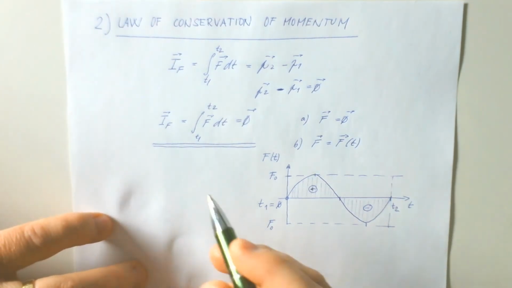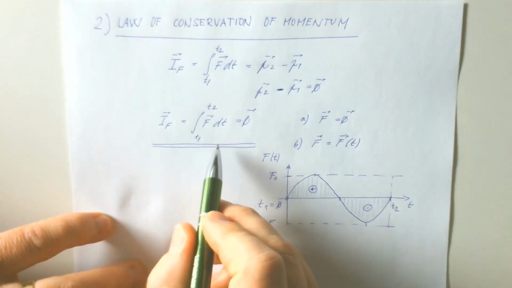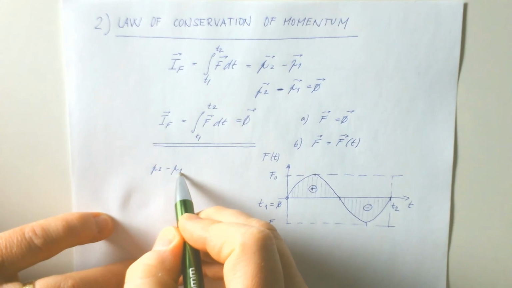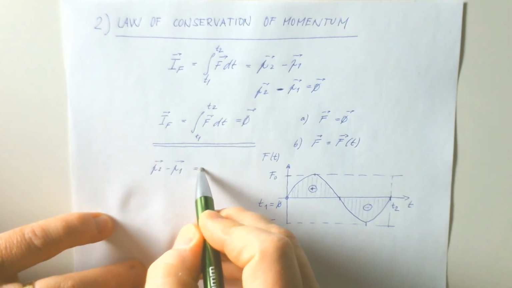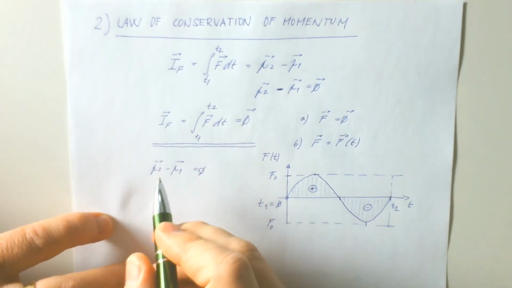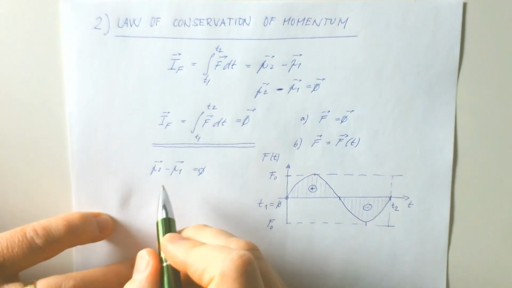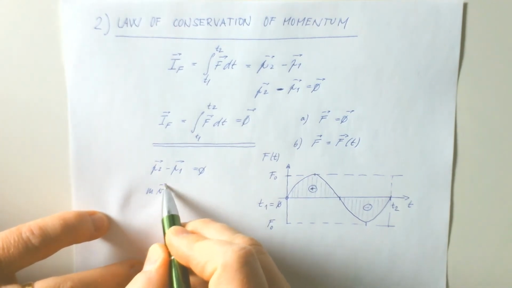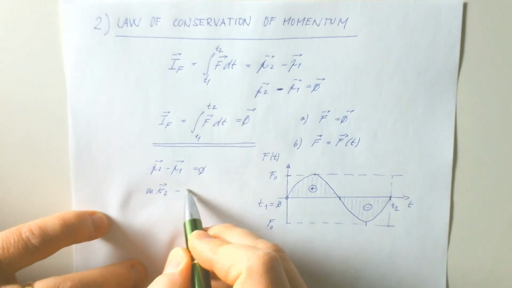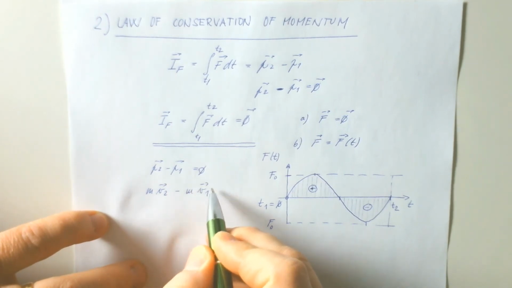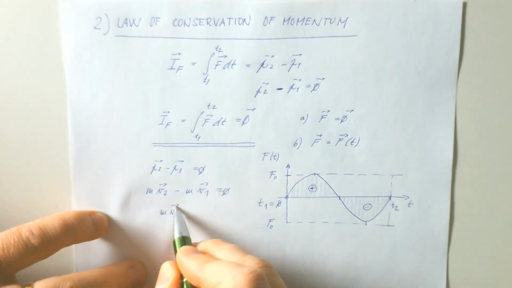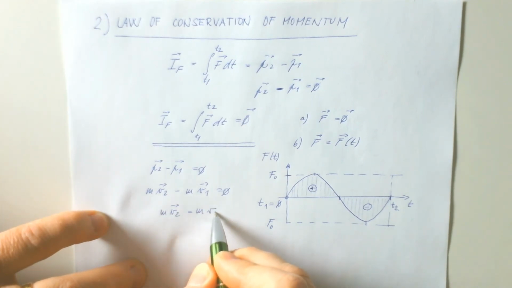So then, if this is applicable, P2 minus P1 is equal to 0, and it means that m v2 minus m v1 is equal to 0, m v2 is equal to m v1.